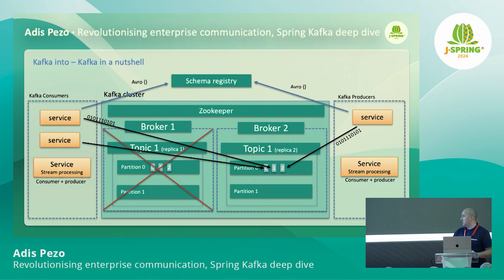Then there are also services that are streaming processes, so those are consumers and producers in one. That makes it a little bit easier to consume and produce those messages. And of course, there are sink connectors. Those are no-code connectors.